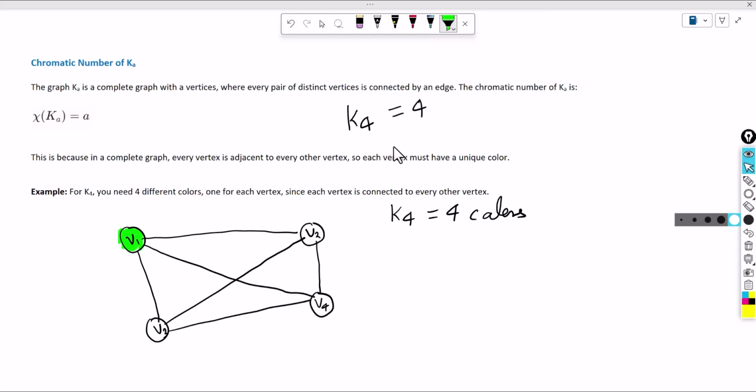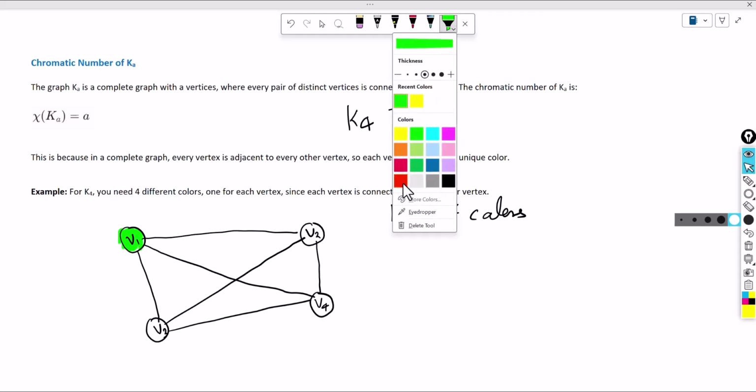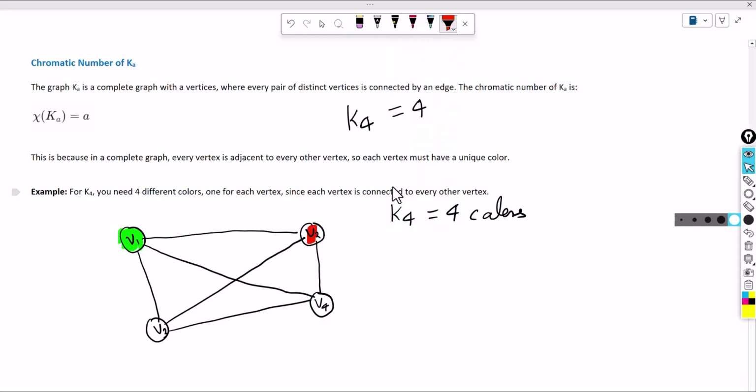So there must be a unique color. So I can only put V2 as a different color. If I place V2 as red, then I cannot fill V3 as red and V4 as red. So no two adjacent vertices have the same color.